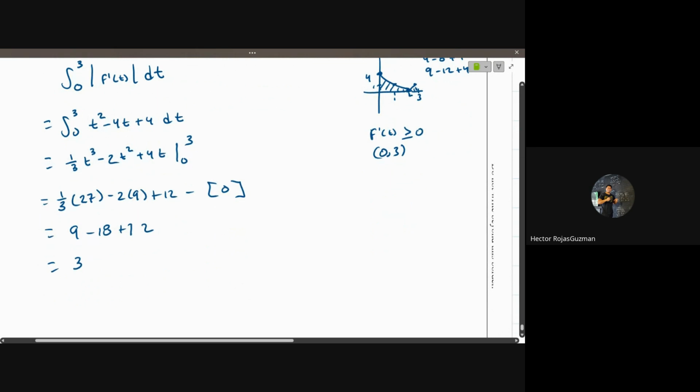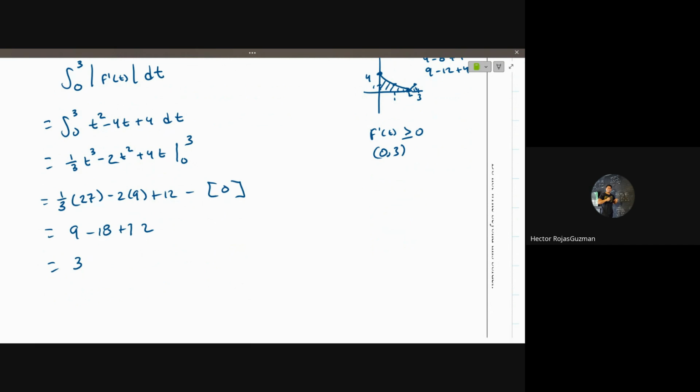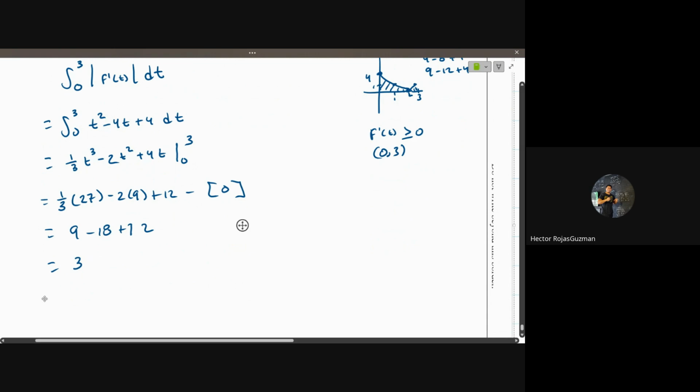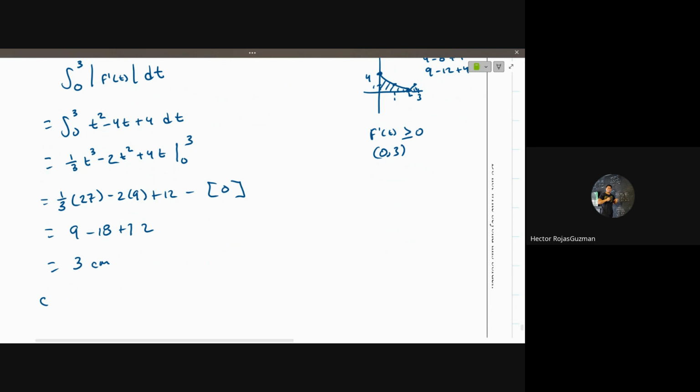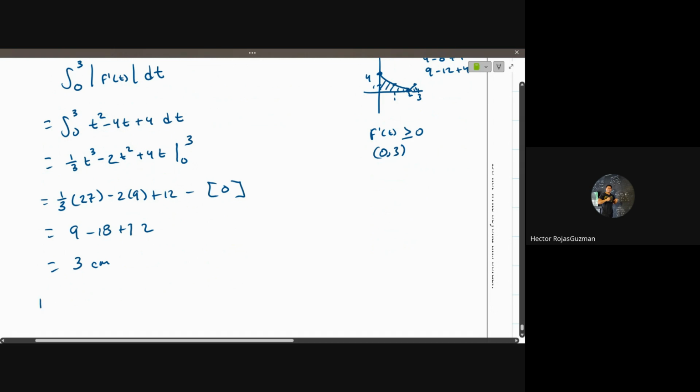So how many centimeters does the radius of the second circle increase from 0 to 3 seconds? By 3 centimeters. Now, you know what? Maybe I should have done a sentence in the last one.